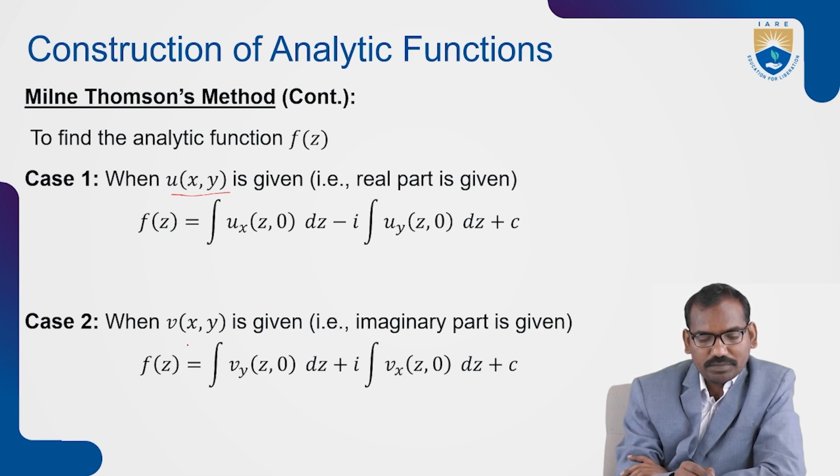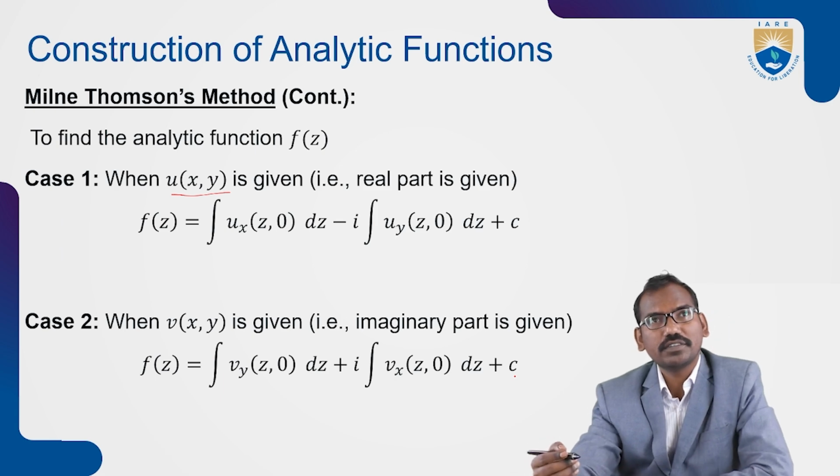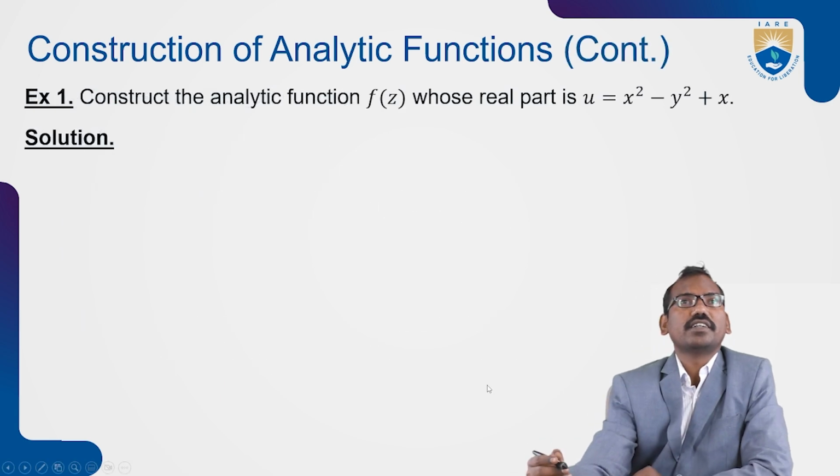Similarly, with the help of the same procedure, if the imaginary part is given, we are going to use this formula, where f of z can be written as the integration of partial derivative of v with respect to y at z comma 0 dz plus i times v sub x at z comma 0 dz plus c, where c is an arbitrary complex constant. Okay. Done. So we'll do some problems. You can get confidence. Right.